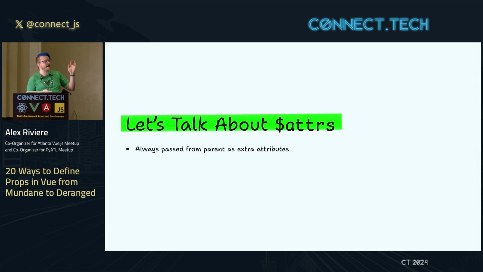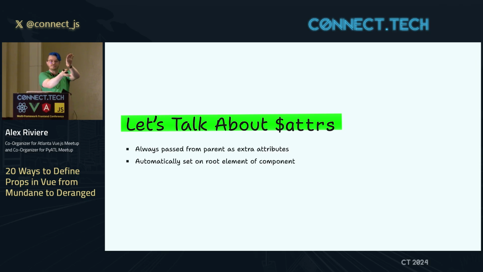But it's always passed from the parent as extra attributes to a component. So if I have a component with a message prop, right? And then I pass class, it's going to be in $attrs. Vue has a way to automatically put that on the root element of the component. So if you have a component that only has one root element, like a div that surrounds everything, the attrs will automatically get applied to that element.